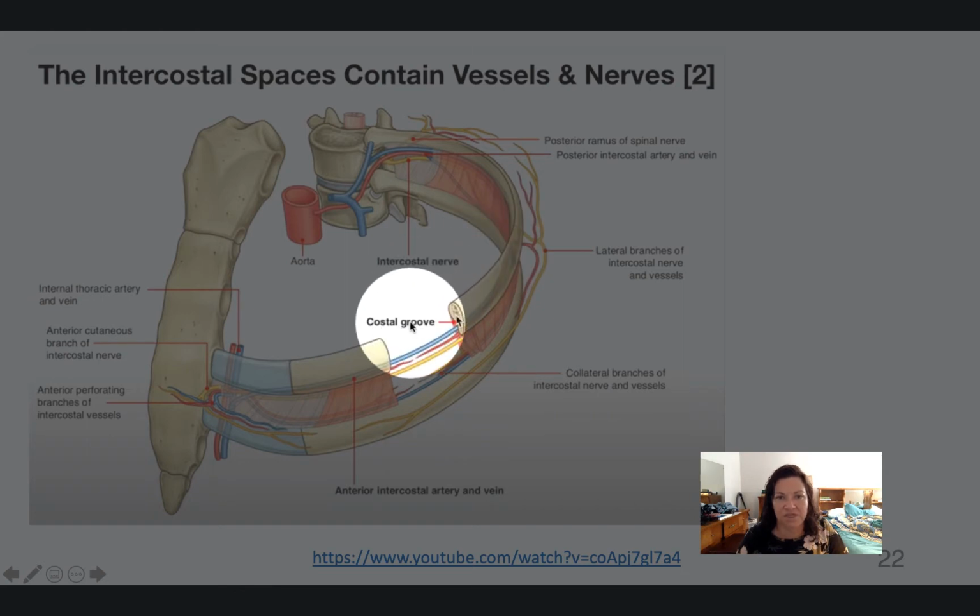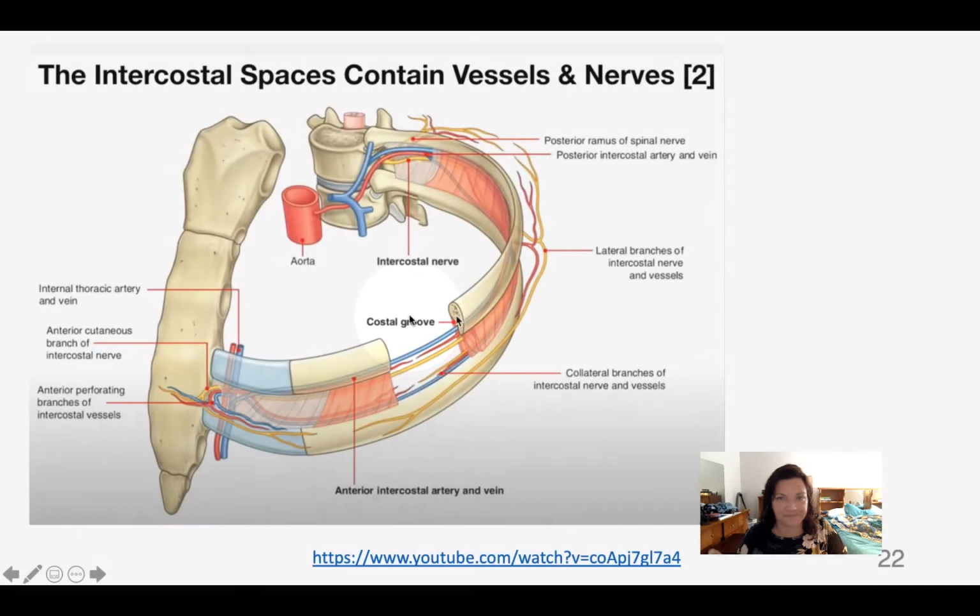And so the primary intercostal nerve, artery, and vein are traveling in the costal groove of the superior rib in the intercostal space. And there are collaterals traveling adjacent to the inferior rib of the intercostal space. But when we talk about the main intercostal nerve, artery, and vein, we're talking about this group here.